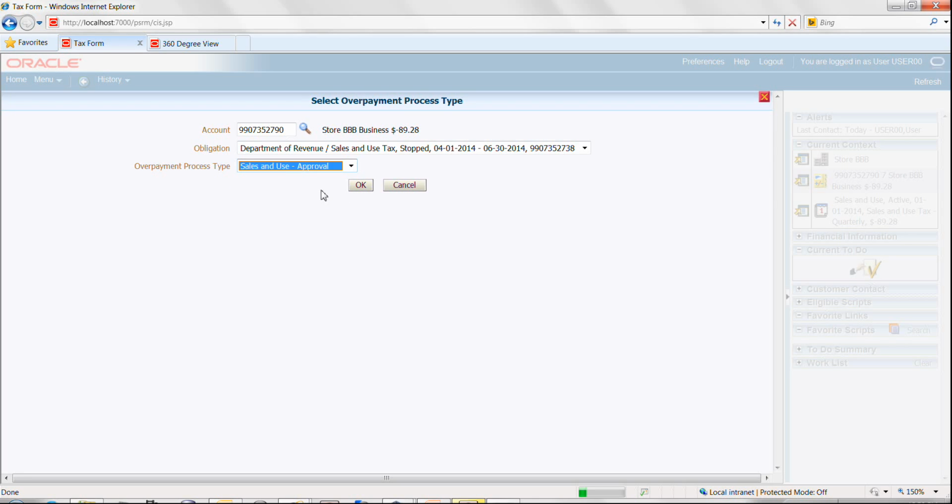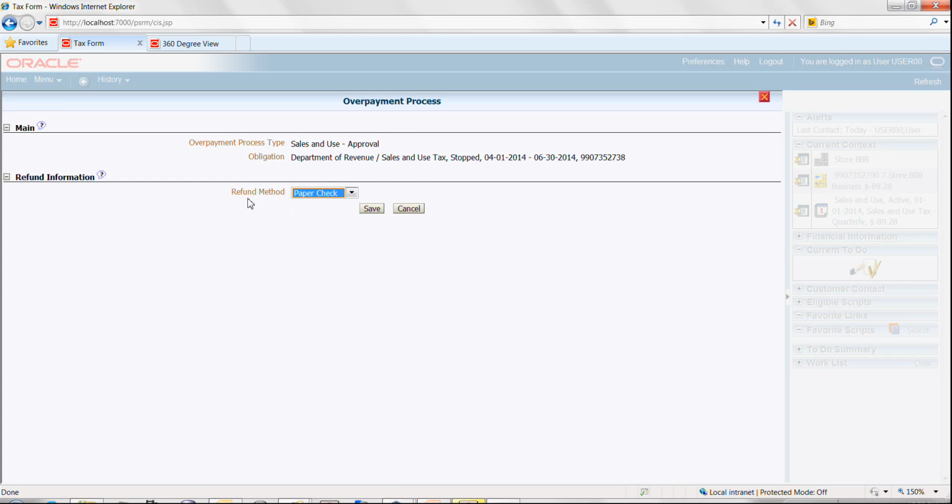There's going to be a need for a supervisor to approve the amount to be refunded. You click OK. It's going to ask me what type of refund I want, and I'm going to send it back to the taxpayer by check. Since we have an address on that account, that physical check can be mailed back to that address.